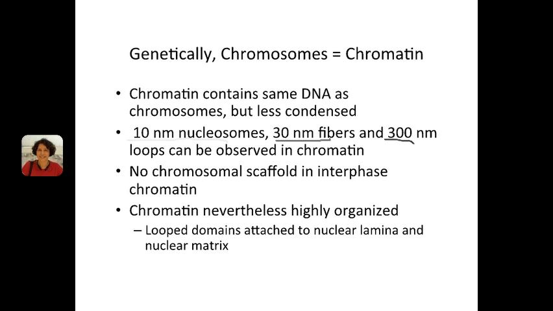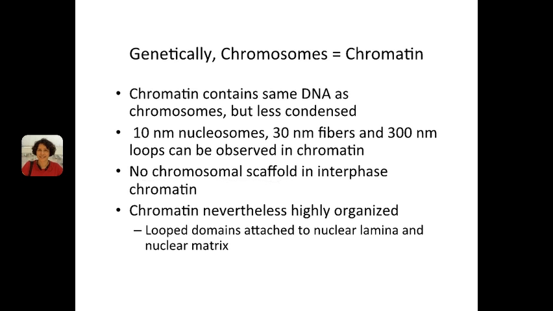In an interphase cell, there is really no chromosomal scaffold. Remember, the scaffold is that protein structure on which the chromosome will condense, and that has to be put together every time the cell is going to go into mitosis or meiosis.